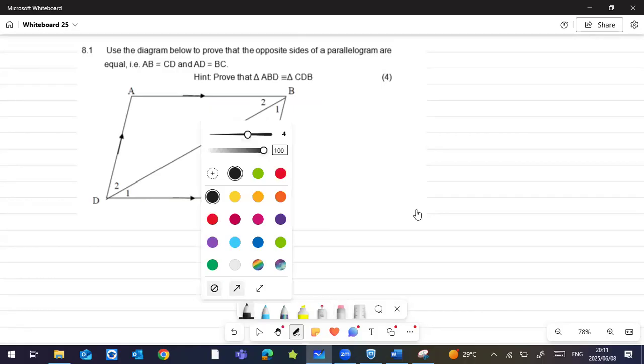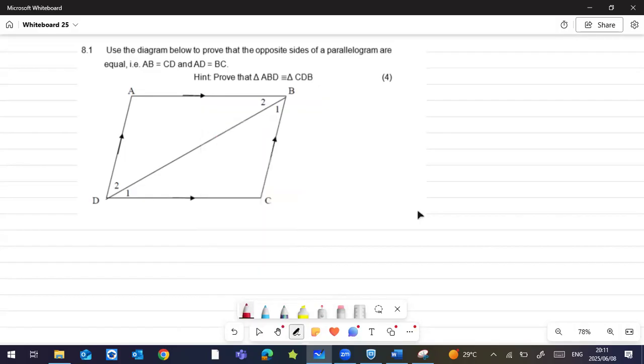Let me use a different color here. Look at this side. There is an arrow here, meaning this side AB and side DC are parallel. And when I see parallel lines, I'm thinking of cointerior angles, corresponding angles, and alternating angles.